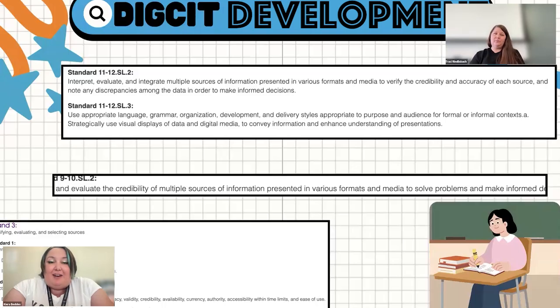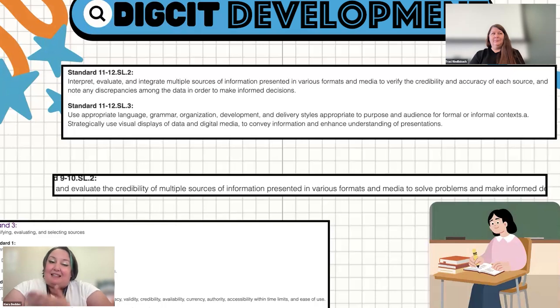And so we can find pockets of digital literacy and digital citizenship in the different content areas. But like Tracy said, it's not universal. It's kind of hidden in library media standards or computer science standards. These ones that I pulled come from the English language curriculum. So being able to interpret, evaluate, and integrate multiple sources of information in various formats.